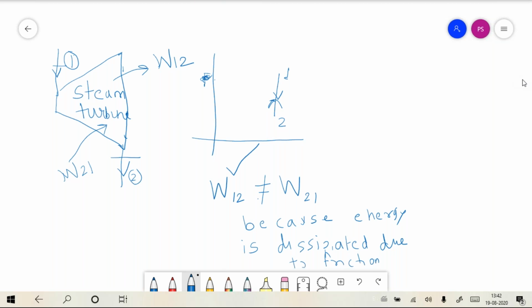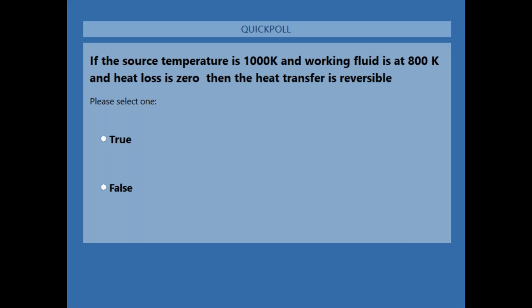I'm launching this question now. In the third video, you have been explained what you should understand by reversible heat transfer.